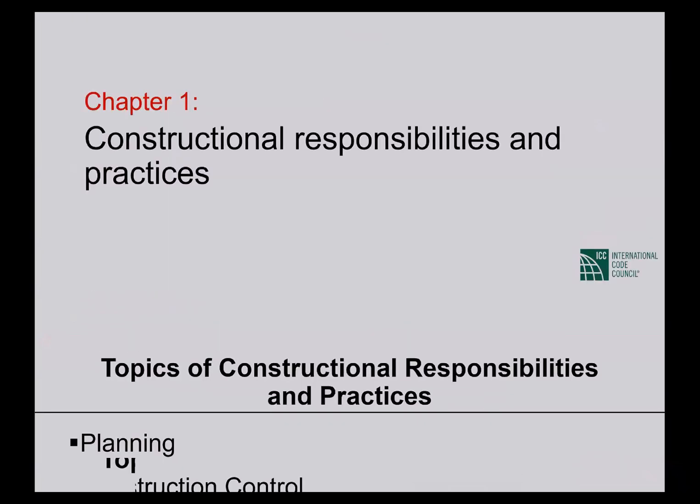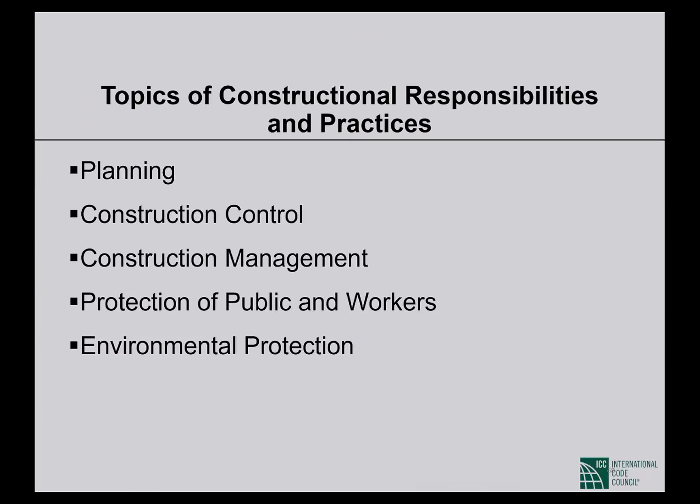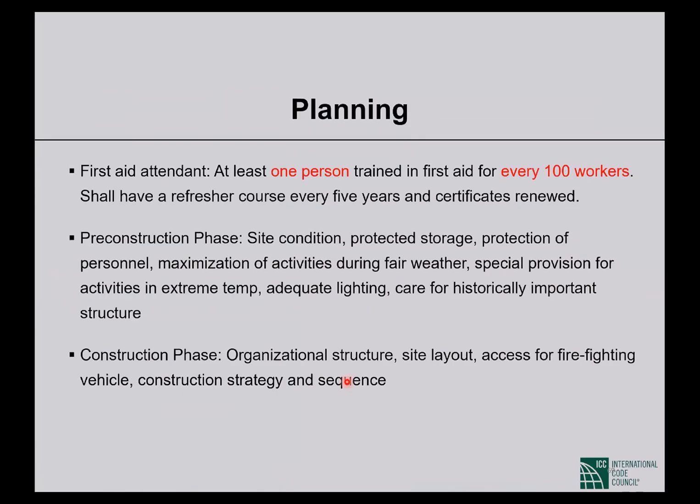So the first chapter, construction responsibilities and practices, has information regarding how to plan for a construction. What are the construction controls? How do you manage constructions? Protection of public and workers and environmental protection. These topics are mentioned there.